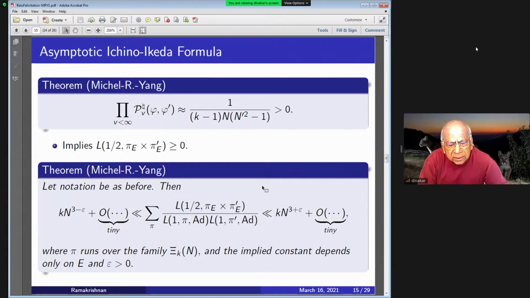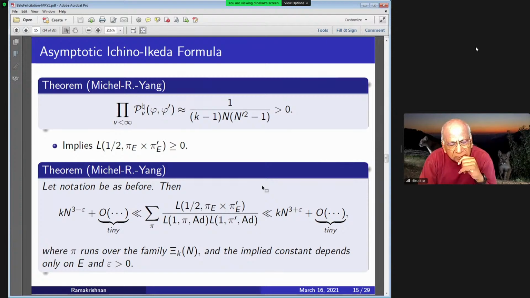Then the other result that we deduce from all this is that the sum over π of L(1/2, π × π'), the one we're interested in, when we divide by these very standard L-values at 1, has an upper bound and a lower bound. The upper bound looks like k n^(3+ε) plus something very small, and then also the lower bound.